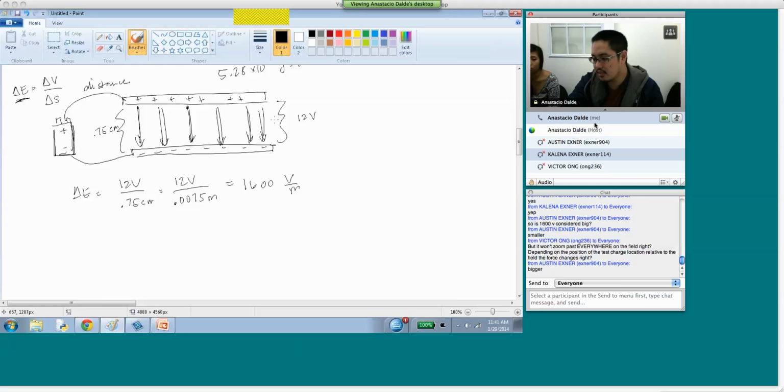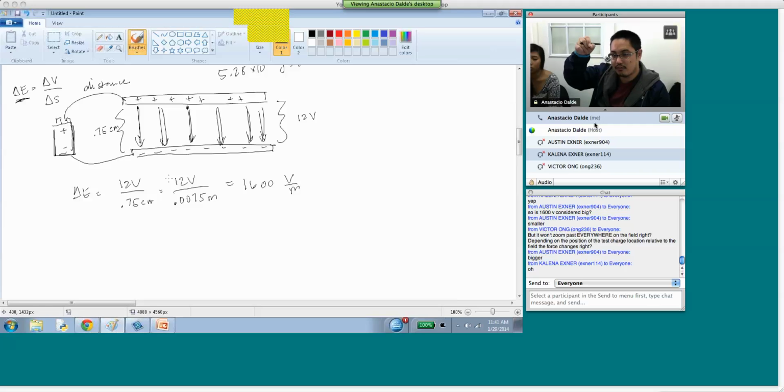Actually, no. If I move these plates further away from each other, it would get smaller. It's harder for that thing to jump across, right? The force would be smaller, so the electric field would be smaller, and you can actually see that right here. If I make S bigger, what happens to the electric field overall? Well, since S is in the denominator, the whole electric field will get smaller. We cool? That kind of goes along with your intuition.